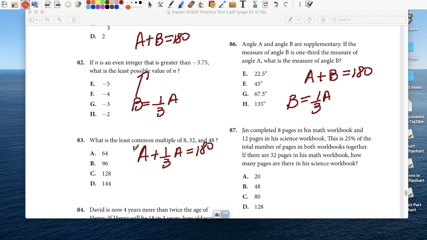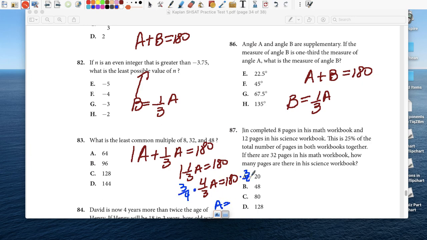Remember, there's an invisible 1 here, so that actually gives me 1 and 1/3 A equals 180. Let me change that to an improper fraction. That becomes 4/3 of A equals 180. We want to isolate A, so I can multiply both sides by 3/4.